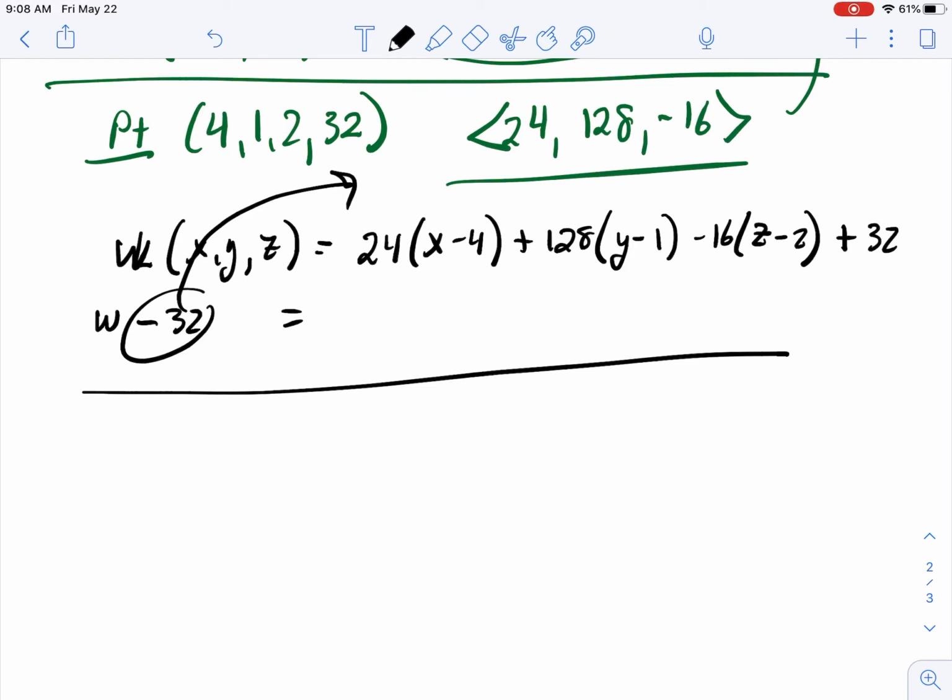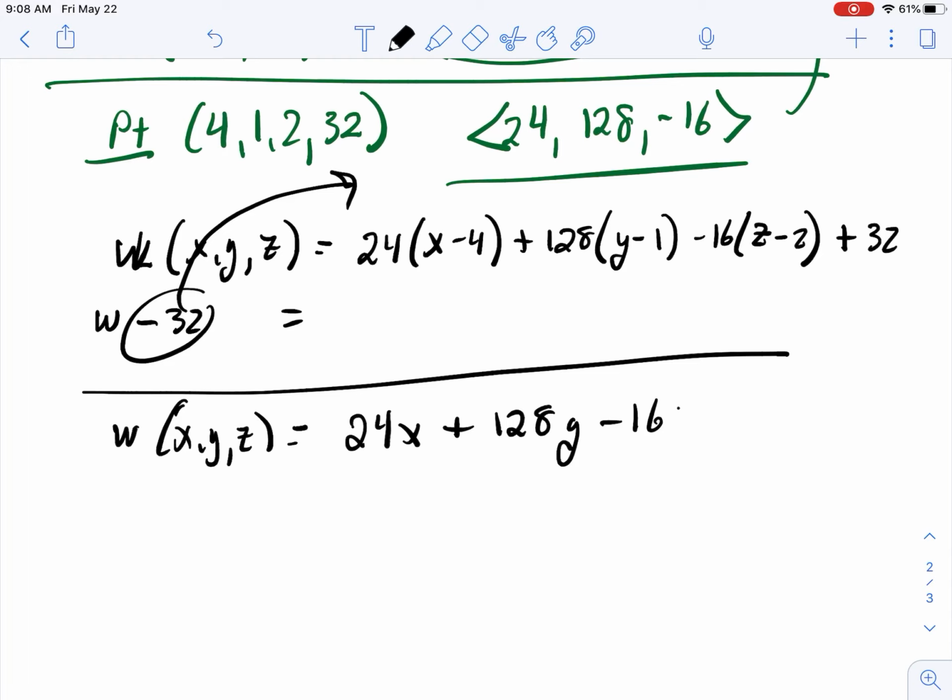So cleaning all this up, the W of x, y, z, you should get 24x plus 128y minus 16z minus 160.